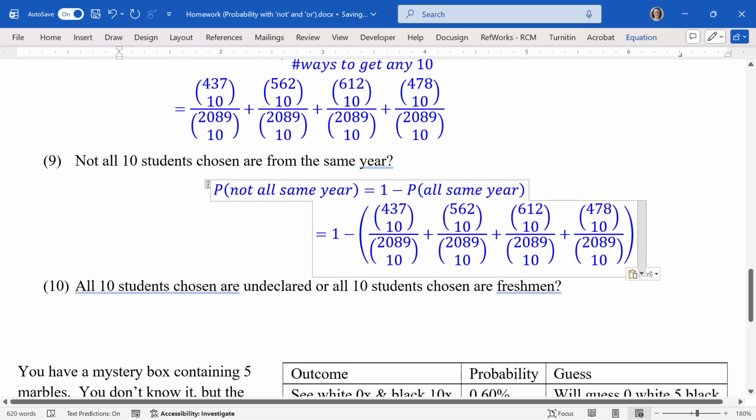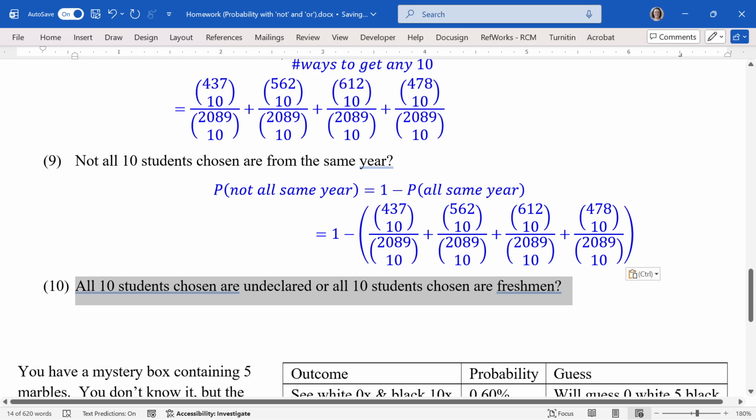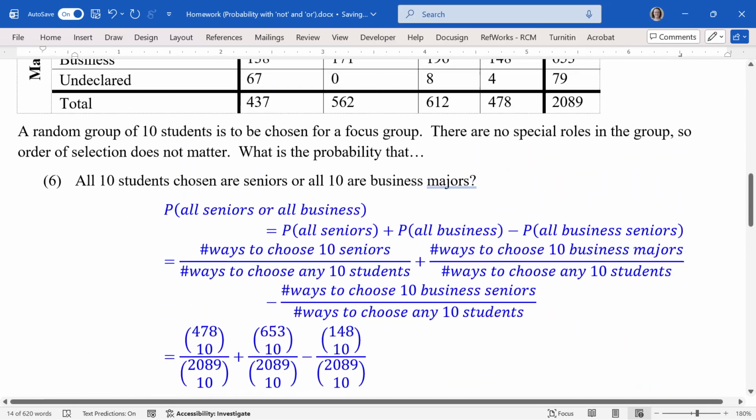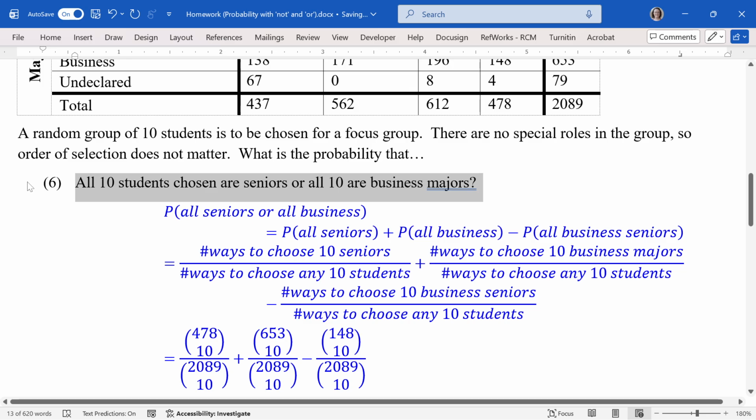All right. Number 10, all 10 students chosen are undeclared, or all 10 students chosen are freshmen. So this is very similar to the first one that we did up here, seniors or business. We're just using freshmen and undeclareds instead.